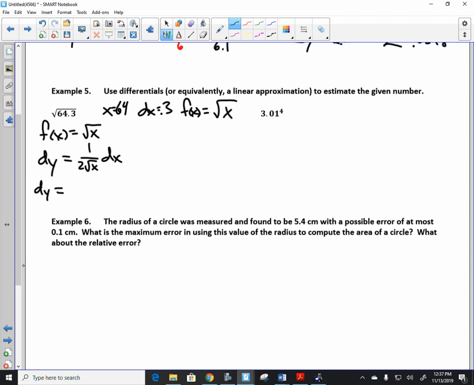So what do you get for that fraction? 1/16. What is dx? 3 over 10. So that means that the square root of 64.3 is approximately 3 over 160, right? Wrong. That's how much we go up.